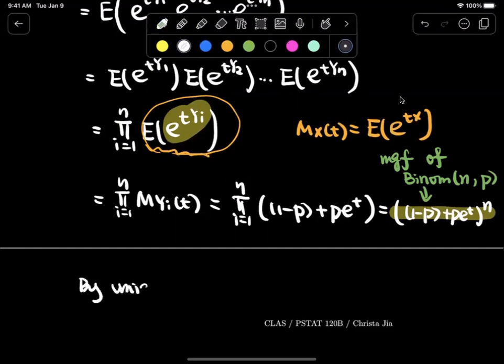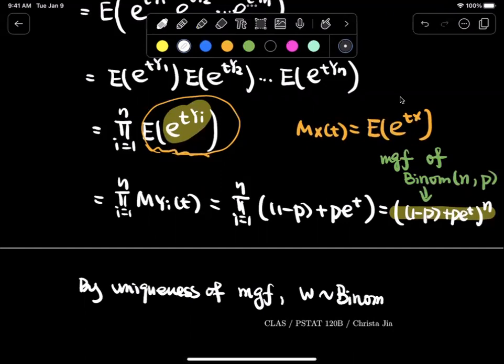So by the uniqueness of the moment generating function, W follows binomial(n, p) because its MGF is the MGF of a binomial(n, p) random variable. And that will be it for this problem.